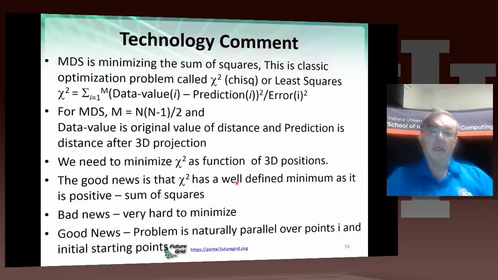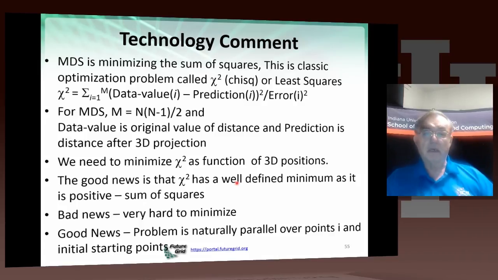So here is a little comment on the general technology of minimizing summed squares, which is called the chi-square problem, or the least squares problem, where chi-squared is the sum over a set of measurements of the value of the measurement minus the prediction of the measurement, all squared, over the error in the measurement, all squared. For multidimensional scaling, the number of terms is n(n-1)/2, where n is the number of points.